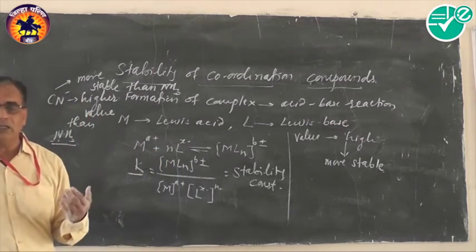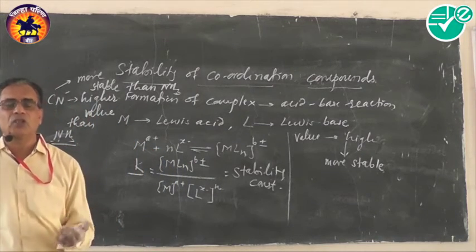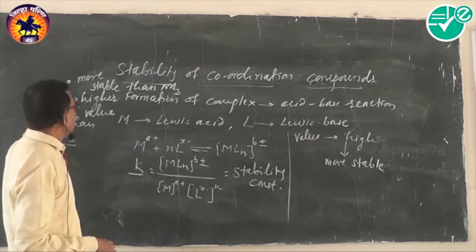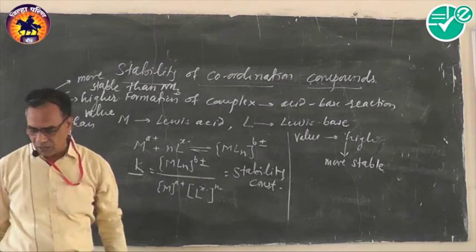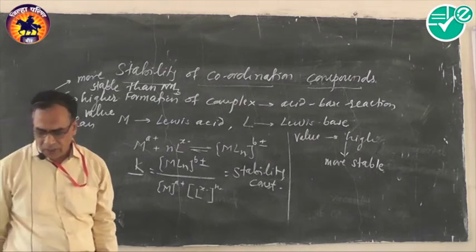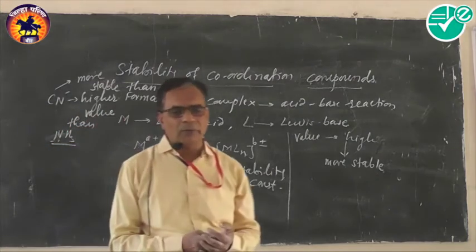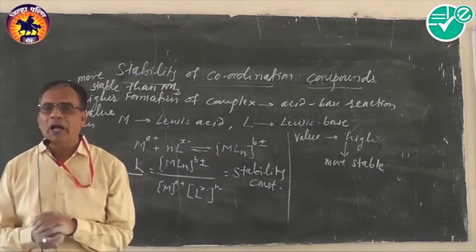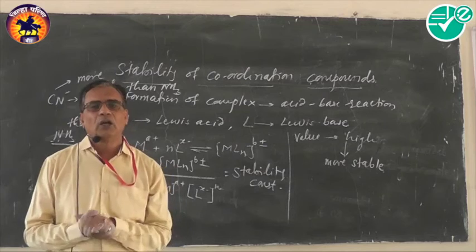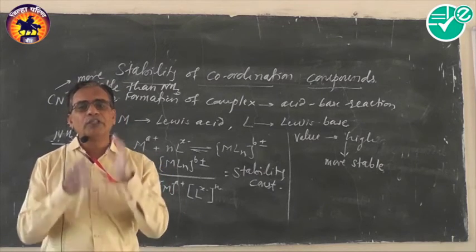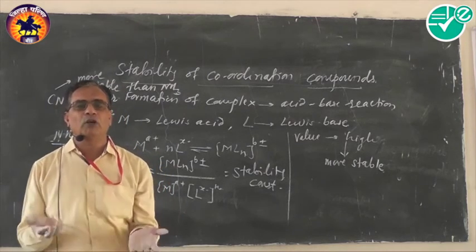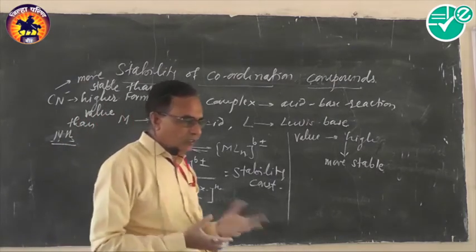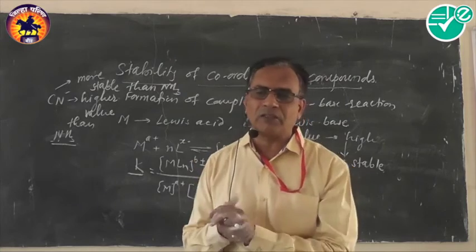So these are the observations as far as the values of these stability constants are considered. In the book, various values of the different stability constants are given, and from the stability constant we will come to know which complex is more stable and which complex is less stable. In the exam, an MCQ may be asked.